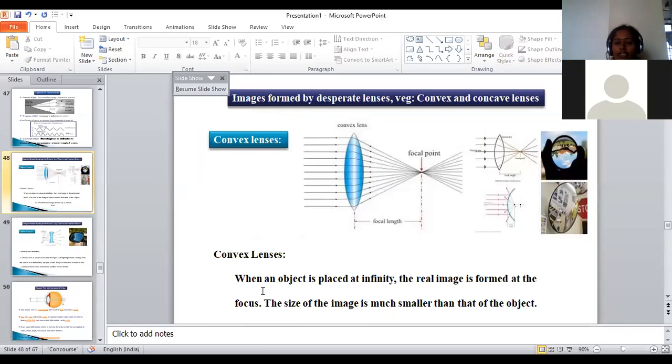Let us define the convex lens. When an object is placed at infinity distance, a real image is formed at the focus. The size of the image is much smaller compared to the object.